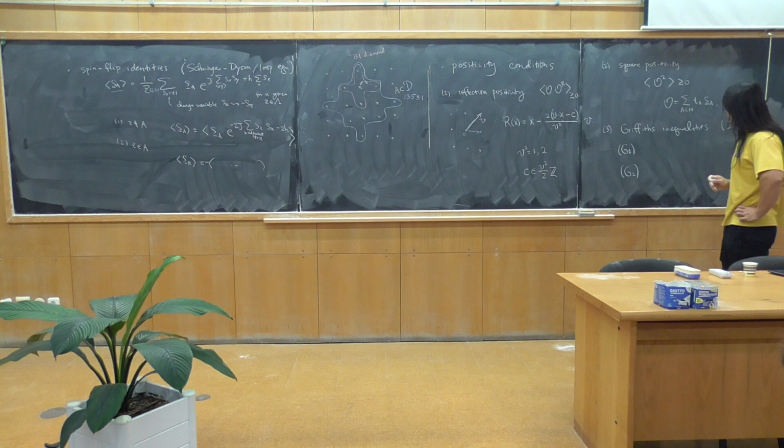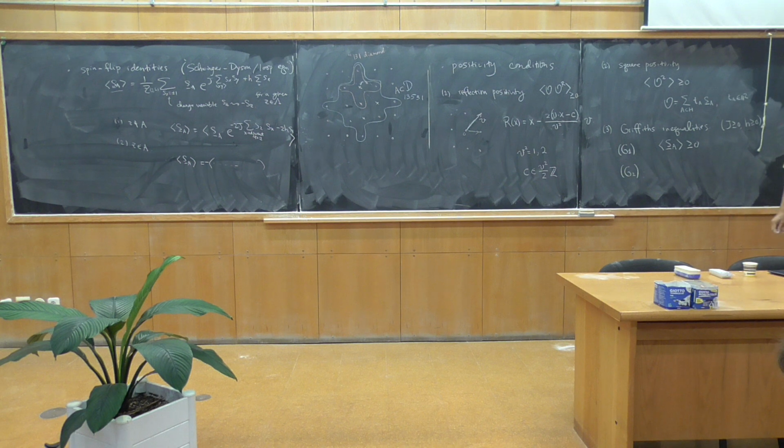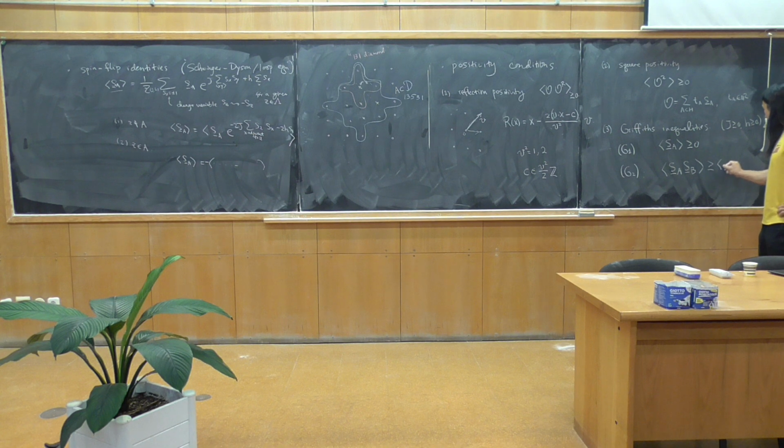So the first Griffiths inequality says that every moment is non-negative. It's not surprising for a single spin, if my field is positive, it's going to be positive, but it's true for all moments. And the second says that if you have S_A, S_B for two subsets A and B, this is greater than or equal to the expectation value of S_A times the expectation value of S_B, taking the expectation values separately and multiplying.